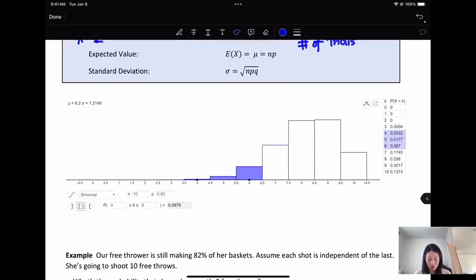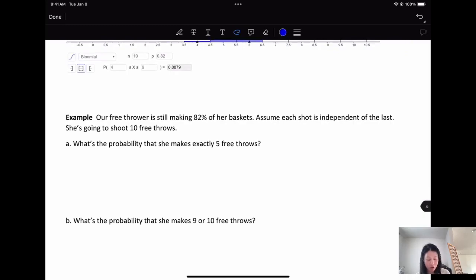So now I'm going to show you later how to do it with GeoGebra. Let's do the setup first. Example: our free thrower is still making 82% of her baskets, assuming each shot is independent of the last one. She's going to shoot 10 free throws. So let's look at this example, how much information we can get.